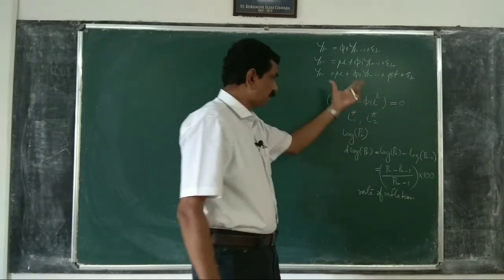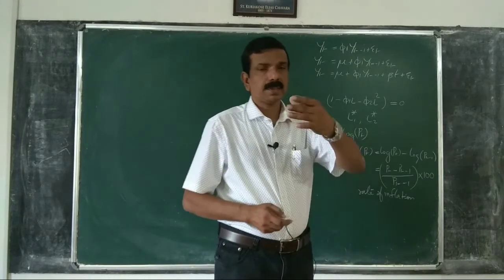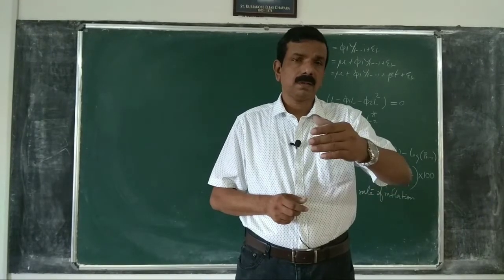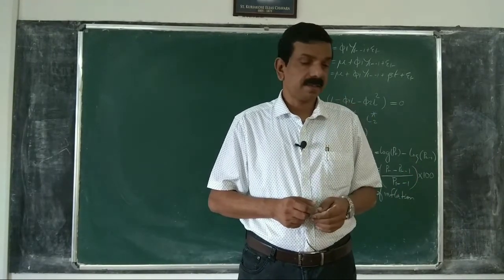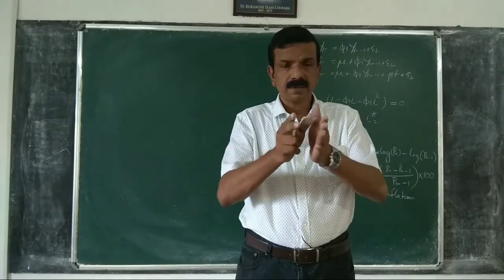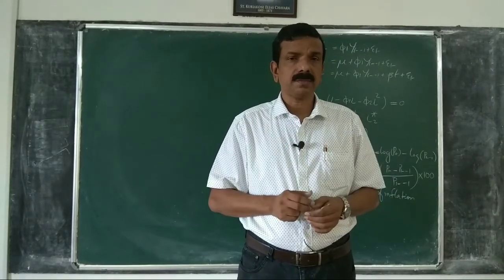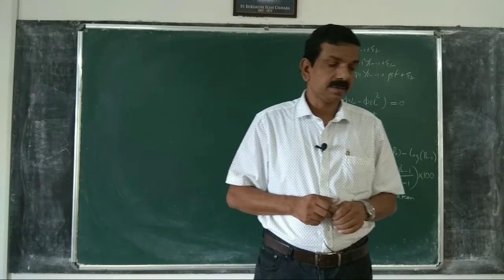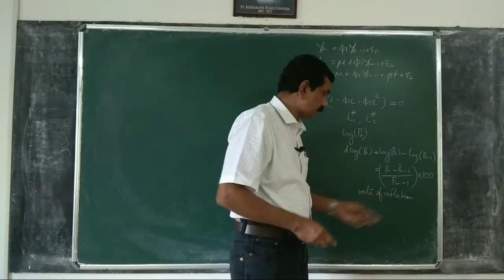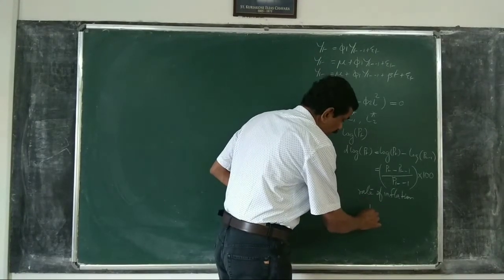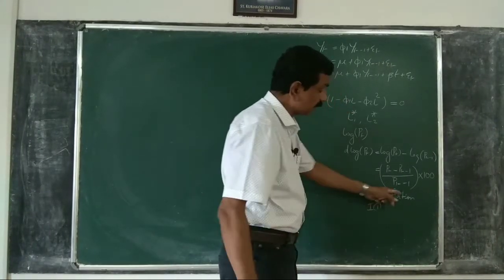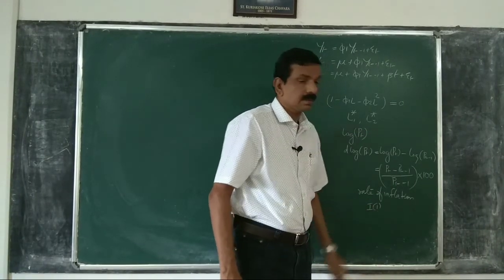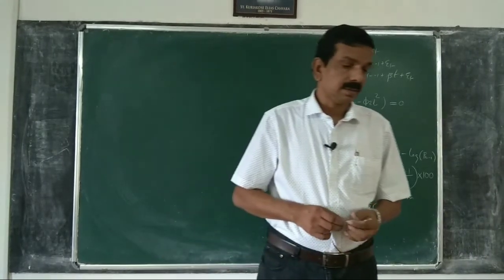So if you have a price series like a consumer price index, wholesale price index, or implicit GDP deflator, etc., and if the series is expressed in log terms, its first difference is nothing but the inflation rate, and the inflation rate in most cases will be I1.